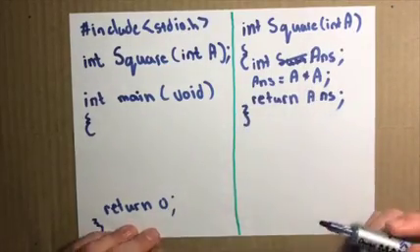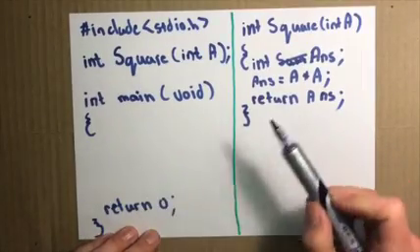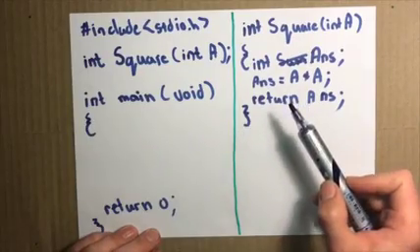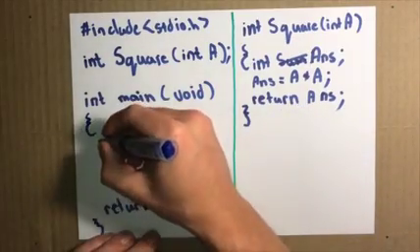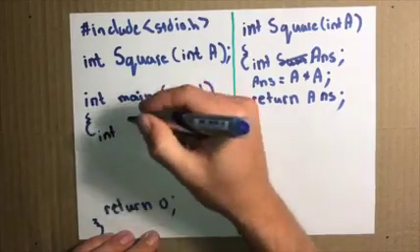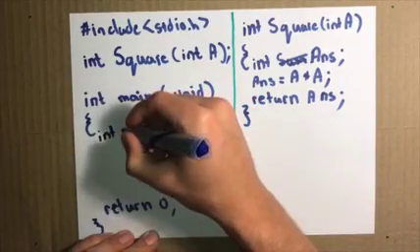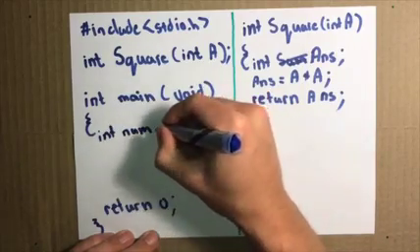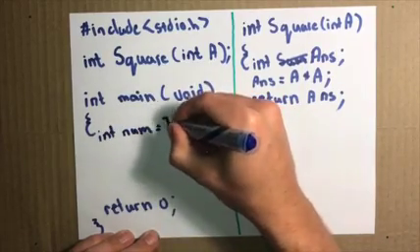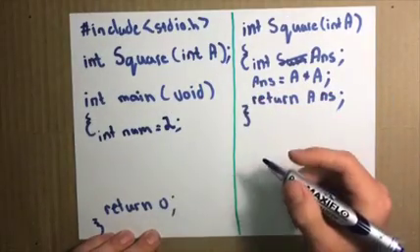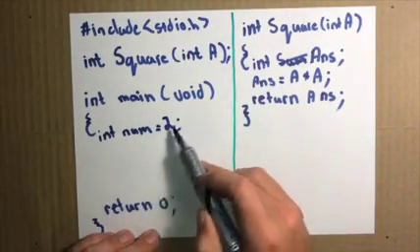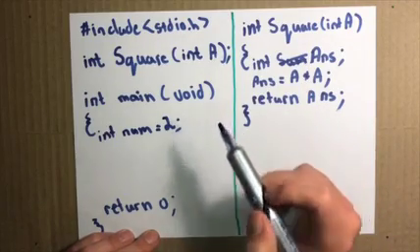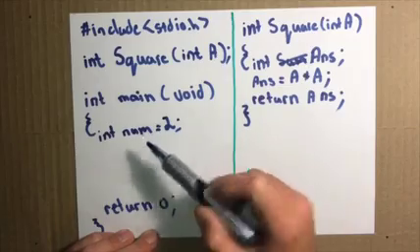Now let's say we want to call this function from our main program. How would we do that? Let's say we have an integer, and we call it num, and it's equal to 2. So num is equal to 2, and we want to calculate the square of num.